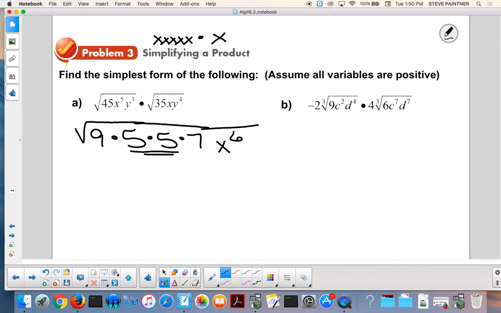Y to the 3rd times y to the 4th makes y to the 7th. Good? Now there's one thing about this that I don't like, and it's y to the 7th. I change it to y to the 6 times y. And this is why I said it gets kind of messy.